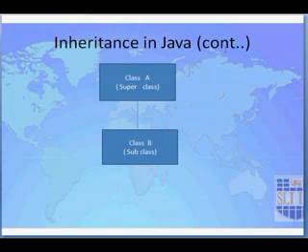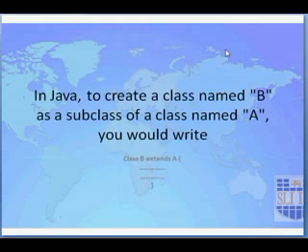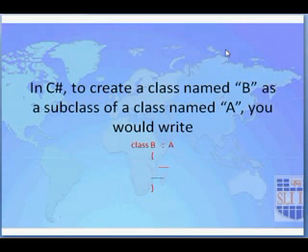Subclasses inherit all the attributes and behavior of their superclass. In Java, to create a class named B as a subclass of class A, you would write class B extends A. In C#, to create a class named B as a subclass of class A, you would write class B colon A.